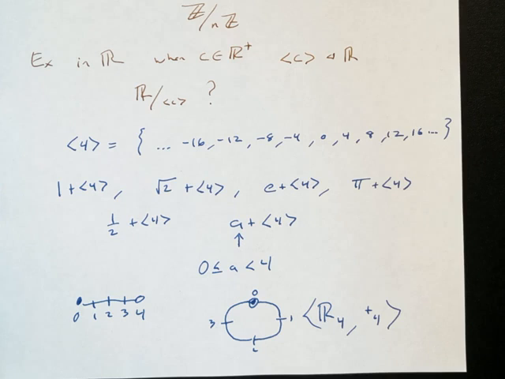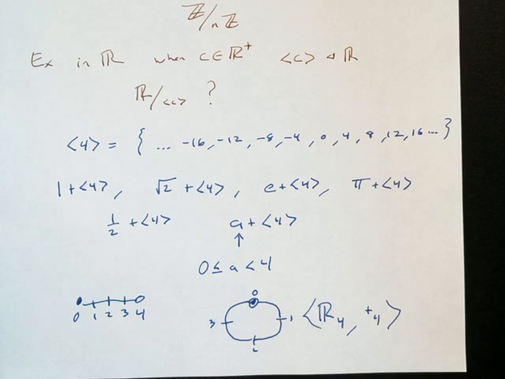7 pi over 4 plus 3 pi over 2 is bigger than 2 pi. Who cares? We just take off the 2 pi, don't we? We get the reference angle, the angle between 0 and 2 pi. That's what we're doing. We're doing the real line mod 2 pi, which means this group is isomorphic to a circle.